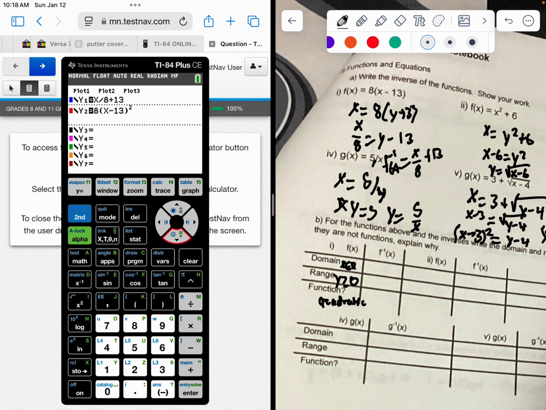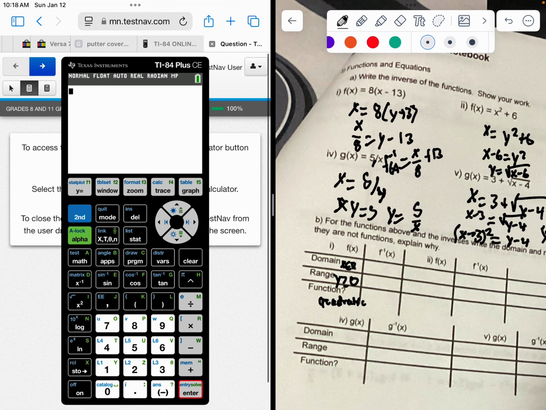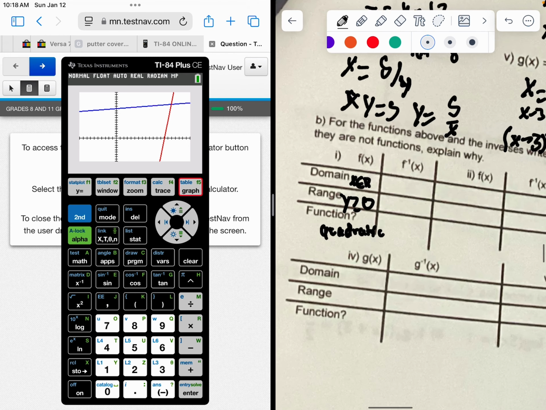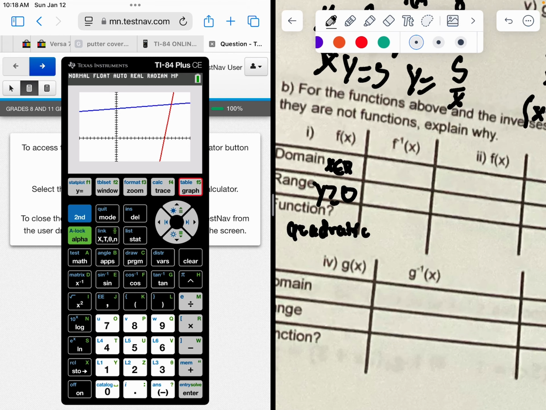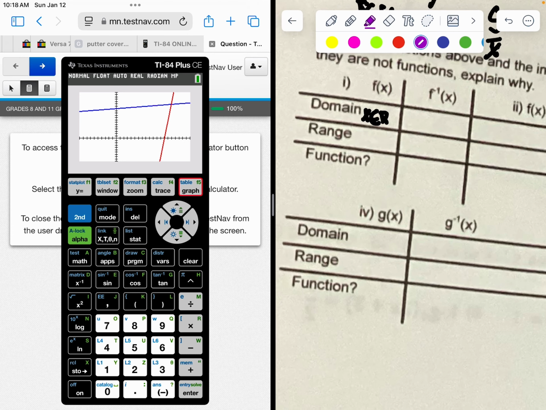My bad. Okay. It's not a quadratic at all. Just restart. Range is all real numbers. Domain is too.